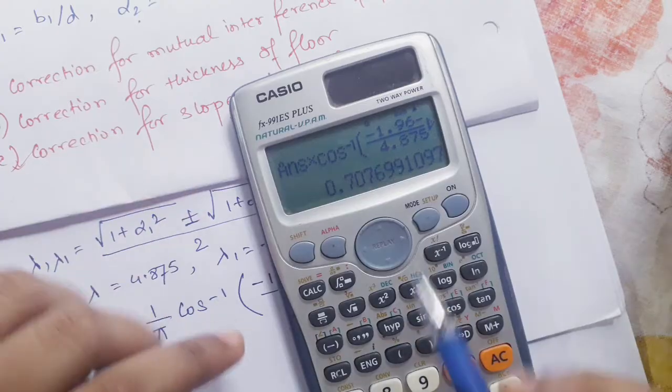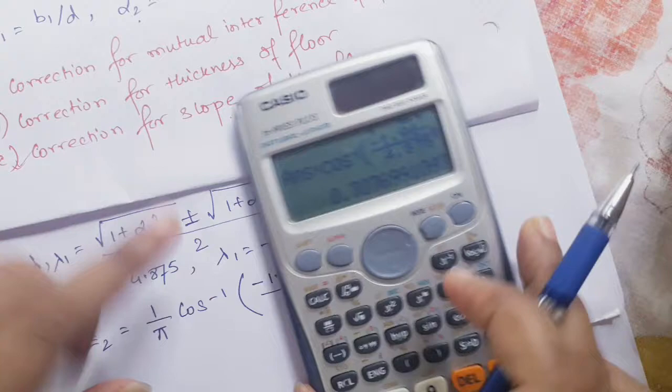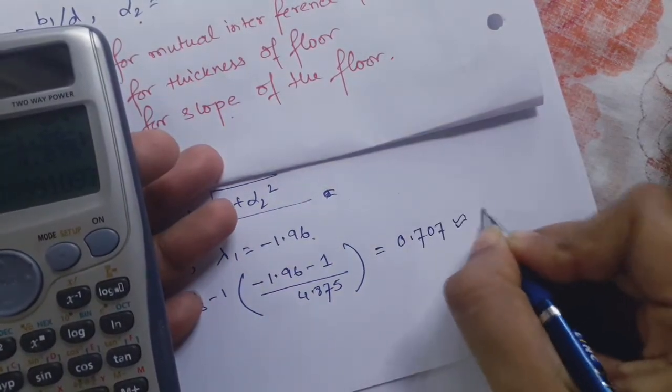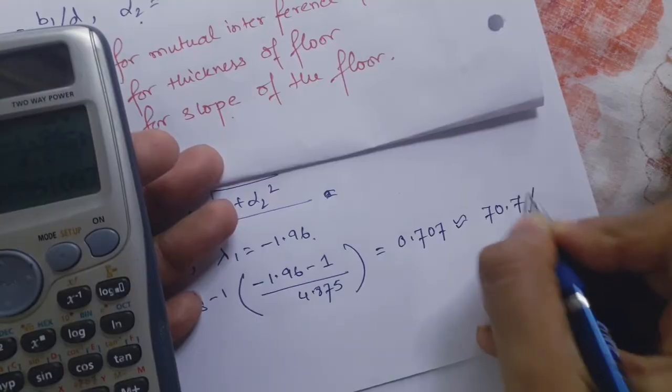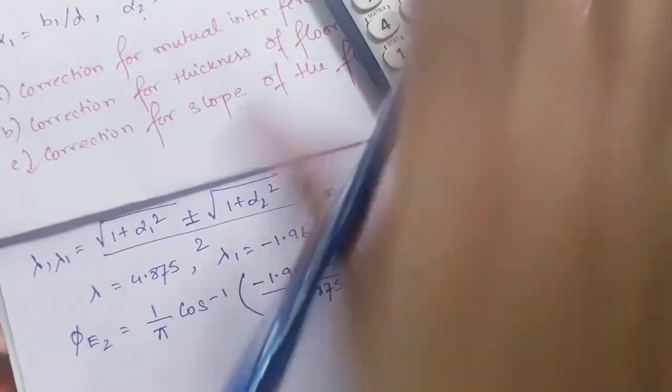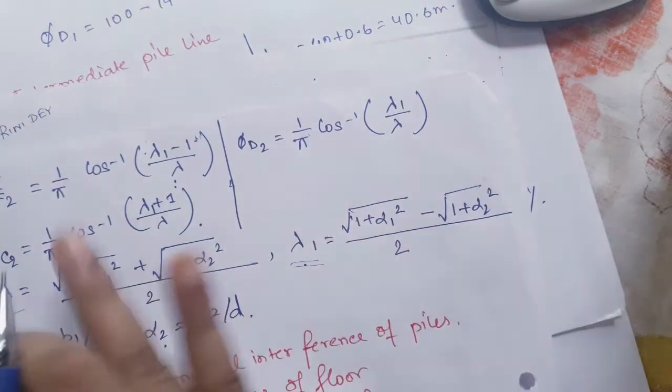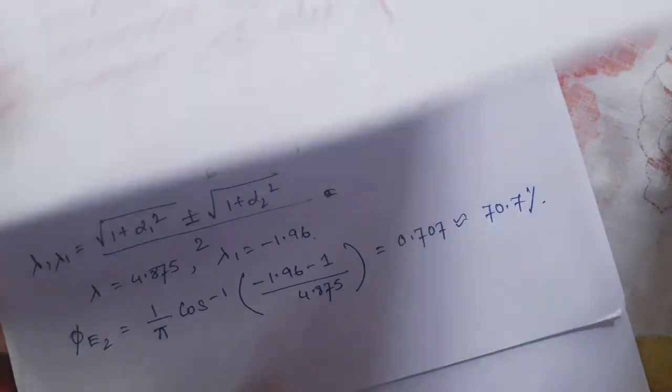So it will be 0.707, equivalent to 70.7%. Okay, now we will calculate phi D2.